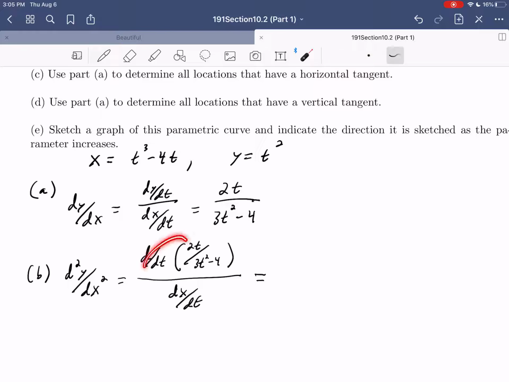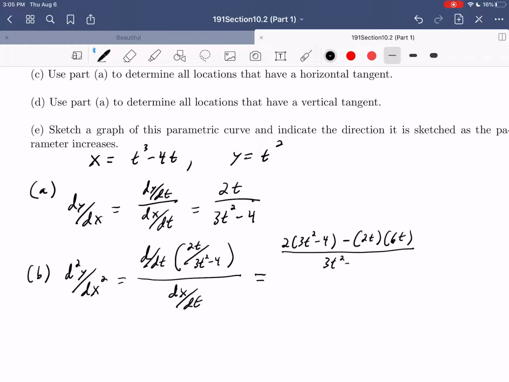To do this derivative, we would have to use quotient rule, so the derivative at the top is going to be 2 times 3t squared minus 4, minus, we'll leave the 2t alone, differentiate the bottom, which is 6t, and then we'll have 3t squared minus 4 squared, and then in the denominator, dx dt, which we could recalculate or just remember it's right there, so we'd get 3t squared minus 4.